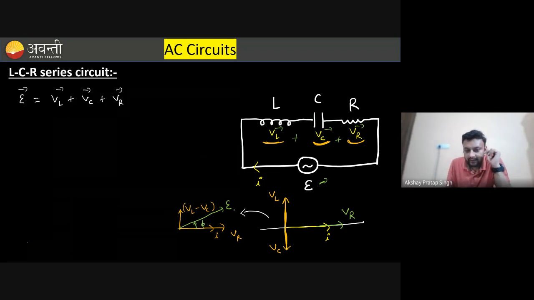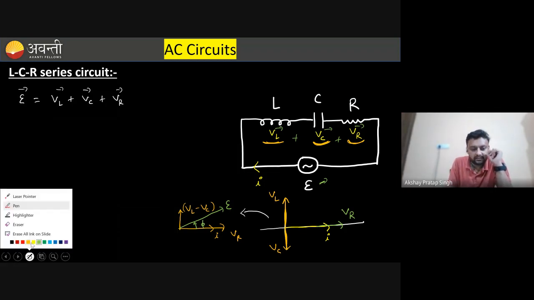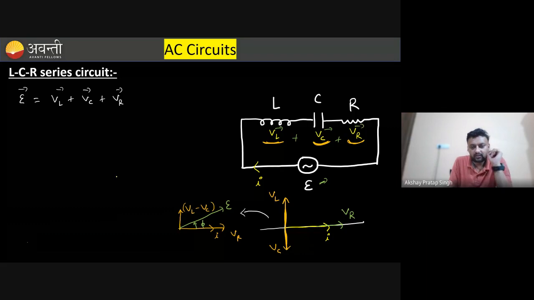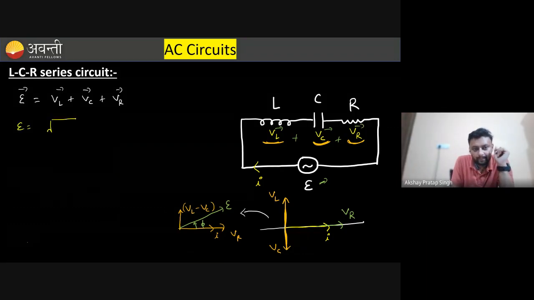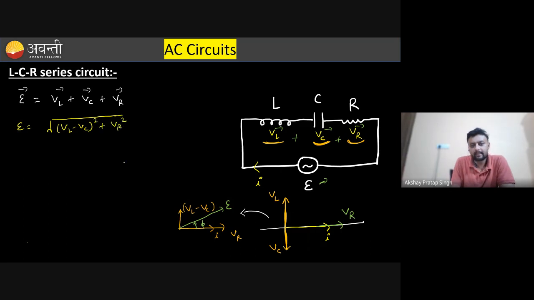Now, you can write this EMF E as root of, by the parallelogram law, VL minus VC whole square plus VR square. Again, if you simplify it, you can take I outside.